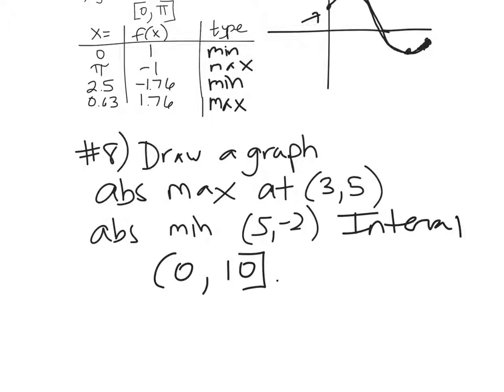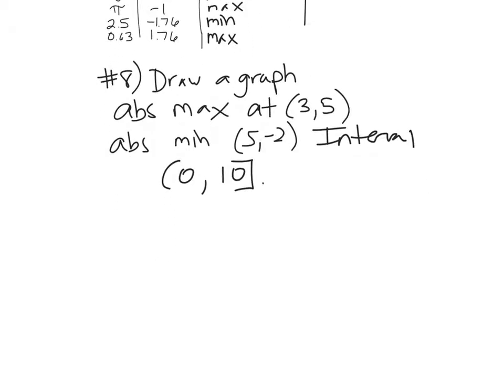Answers will vary. You can't draw an absolute minimum. You can. There doesn't have to be one, but there can be an absolute minimum. It's open-ended? Yeah. Can there only be one absolute max and absolute min? No, not necessarily.